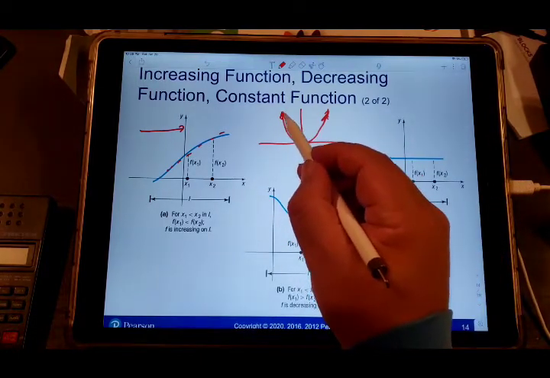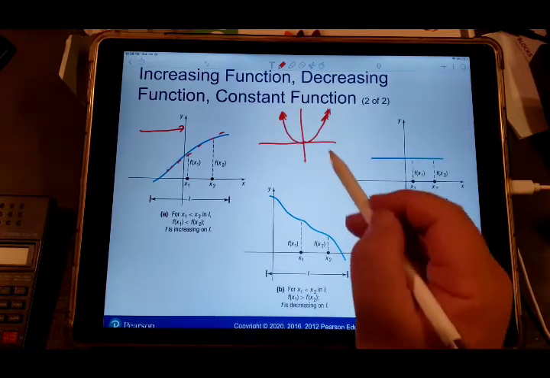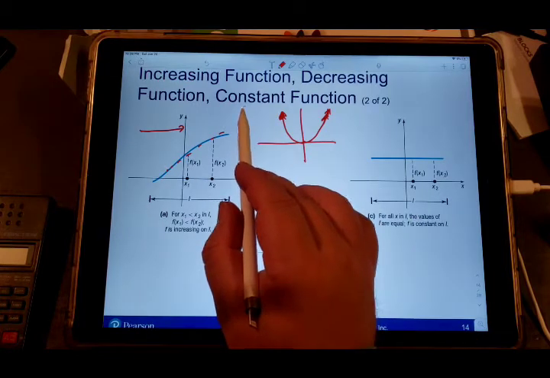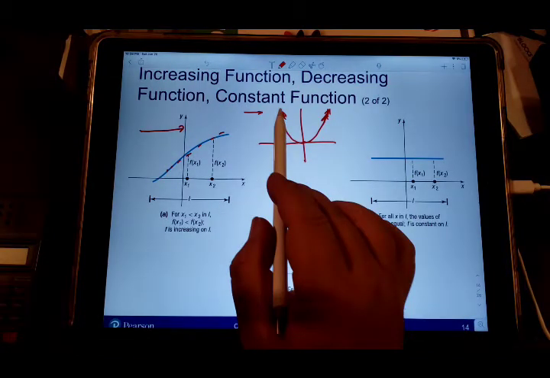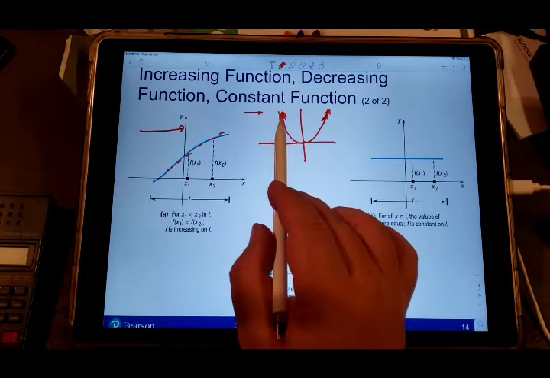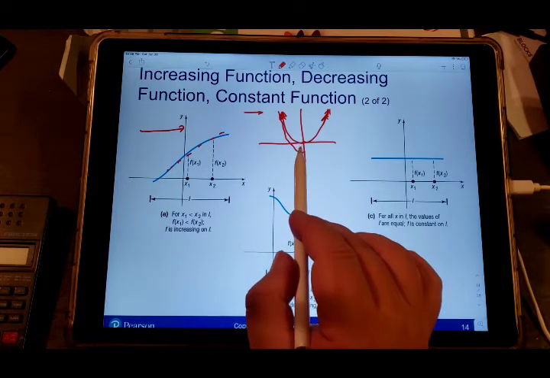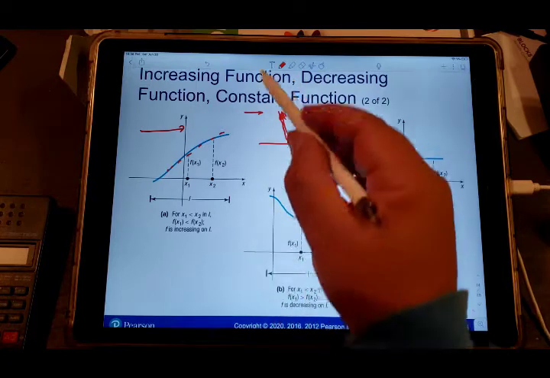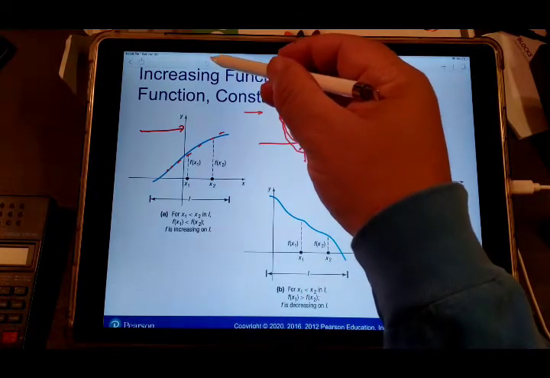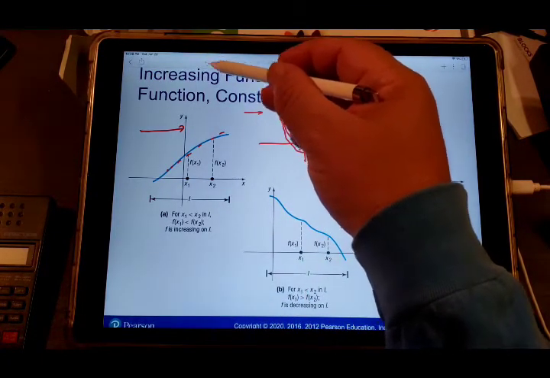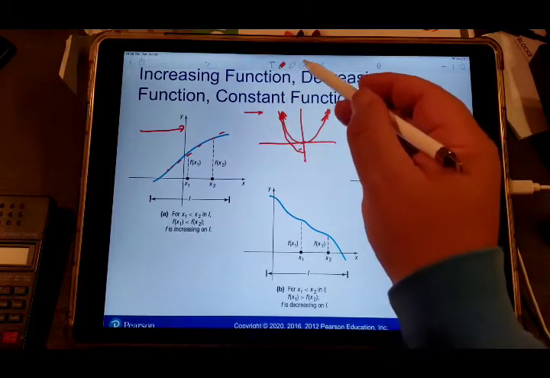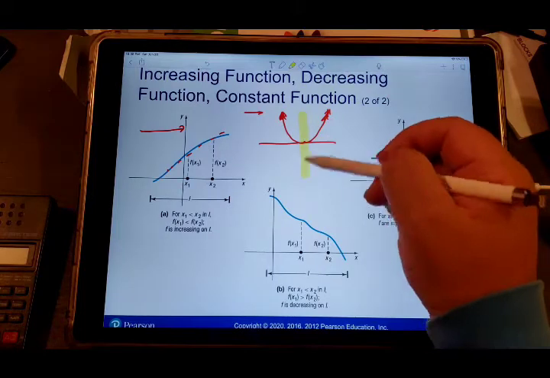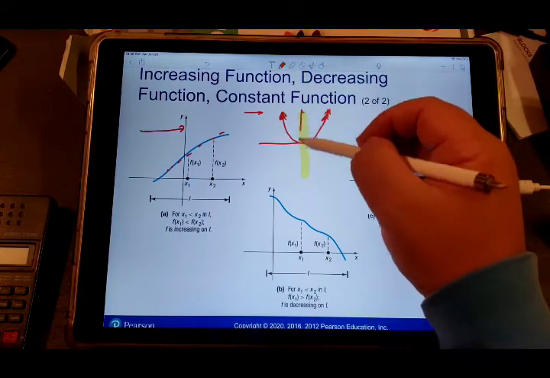And I tried to put arrows here to make it look like we would say it's increasing. No, not from the perspective of going from left to right. As I go from left to right, it is decreasing until it gets to a certain point, and then it starts to increase. And that's exactly how we would describe this. It's decreasing on one interval, and it's increasing on the other interval.